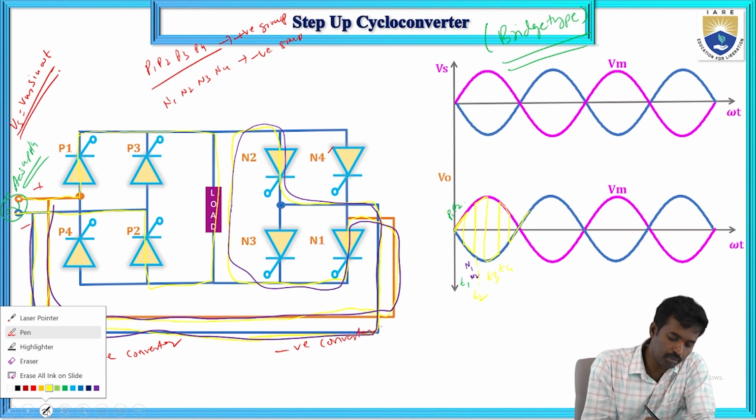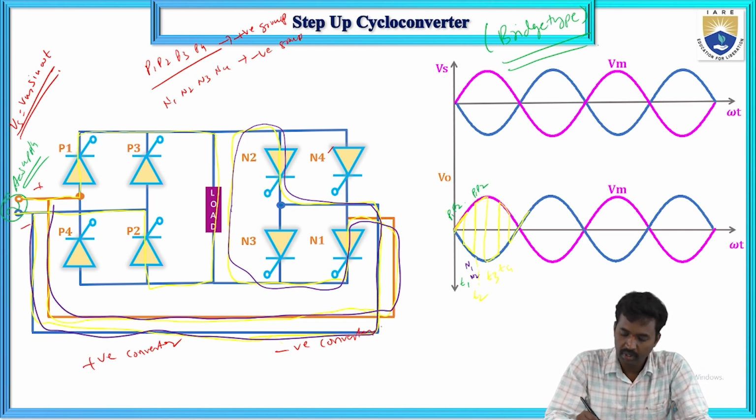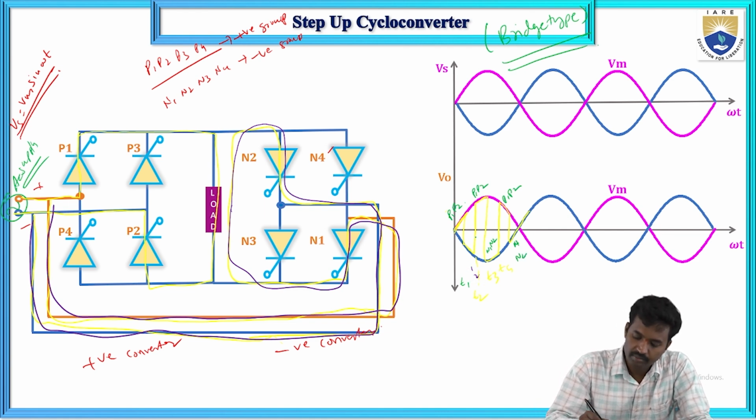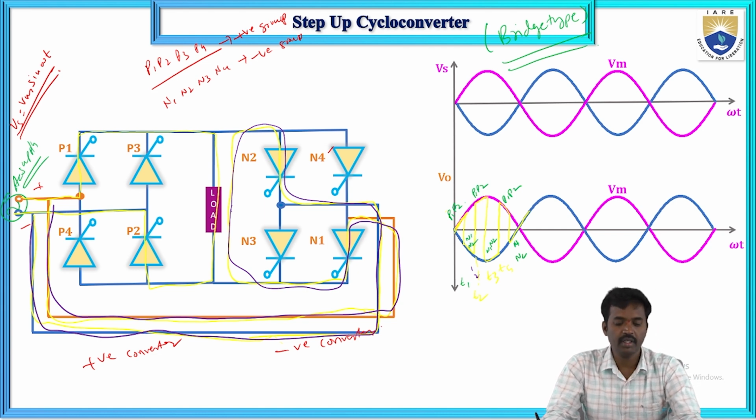So now let me write the sequence: P1 and P2, N1 and N2, P1 and P2, and N1 and N2.